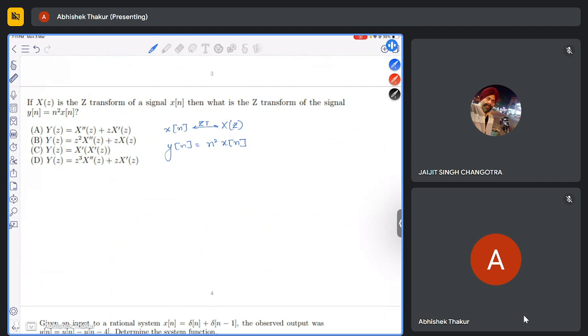We know that for n times x of n, the transform is minus z d by dz of X of z. So the derivative of X of z and multiplication with minus z comes to n times x of n.